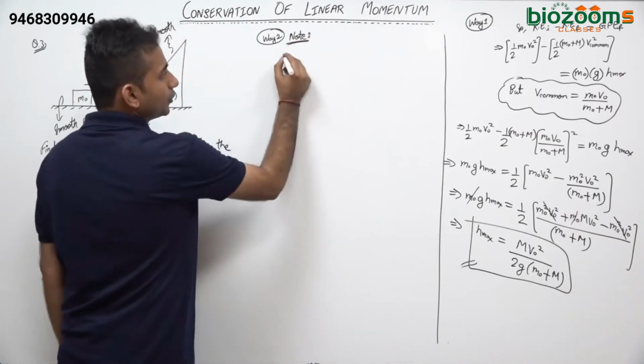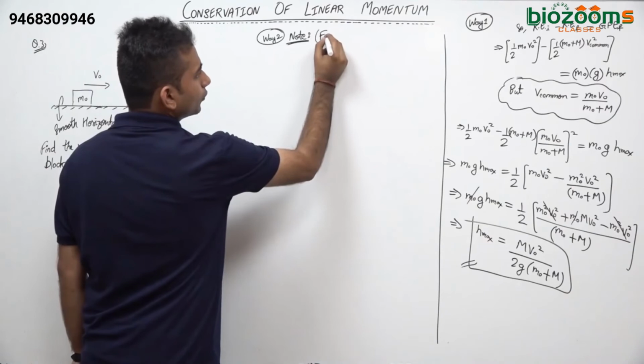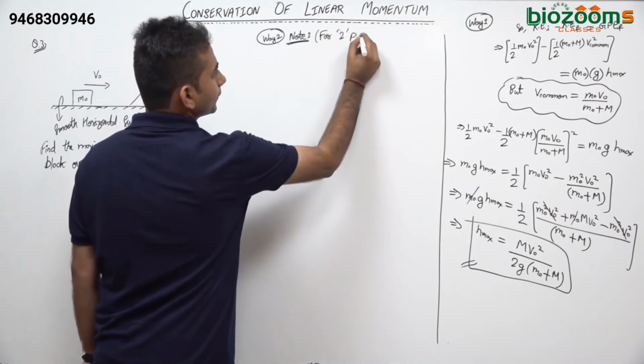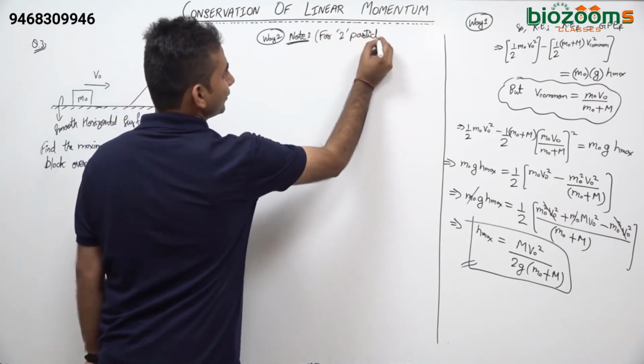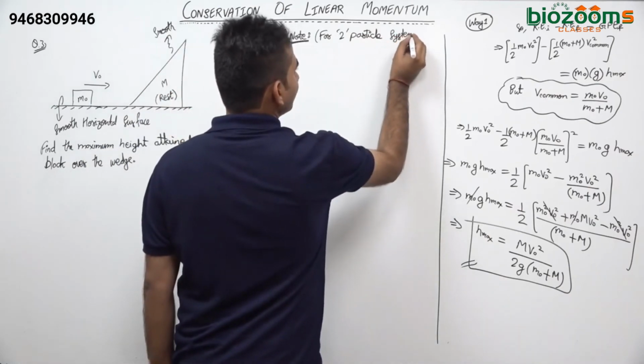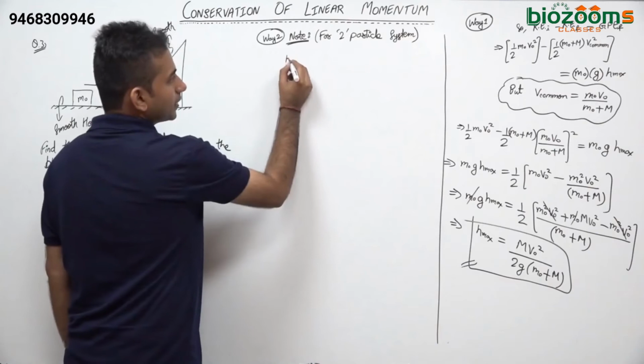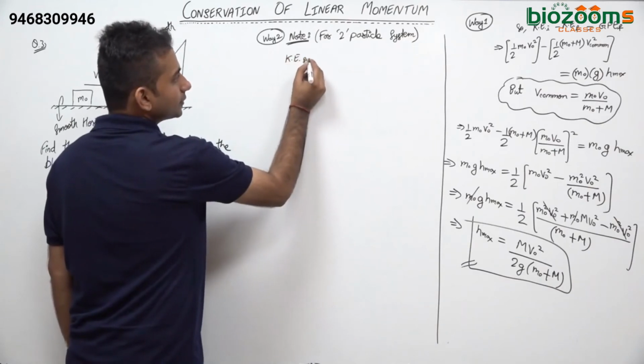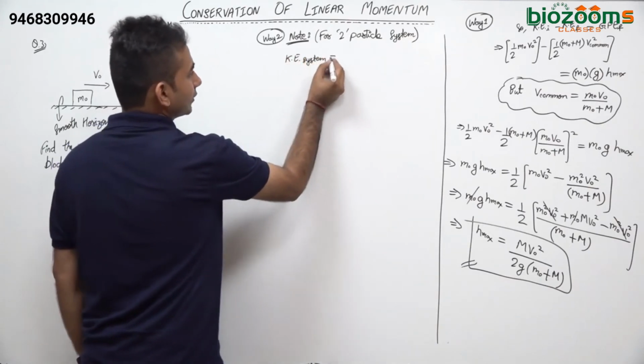Recall that logic. Do you remember I told you for a 2 particle system, and this is also a 2 particle system, there is another way of writing the kinetic energy of a 2 particle system. And what is that?